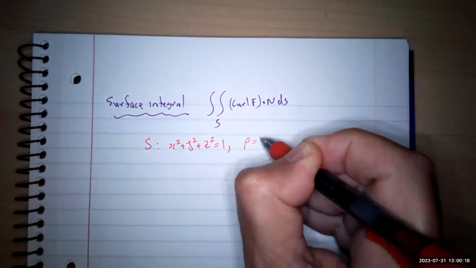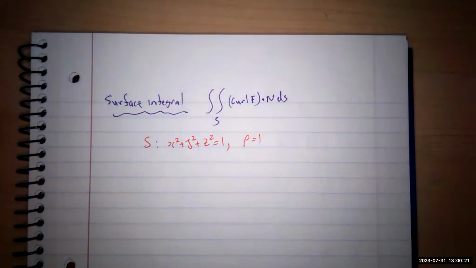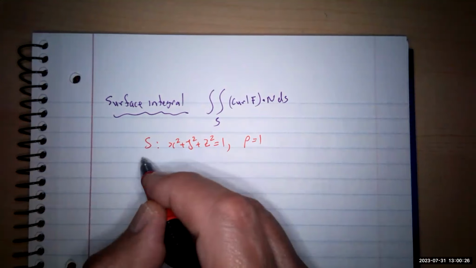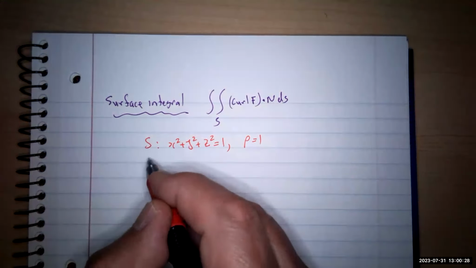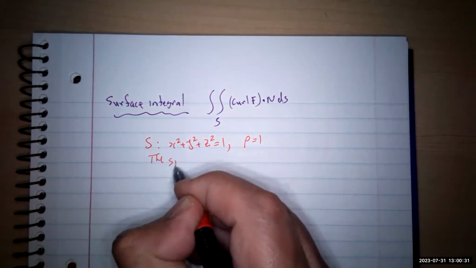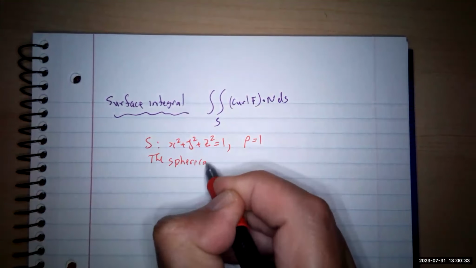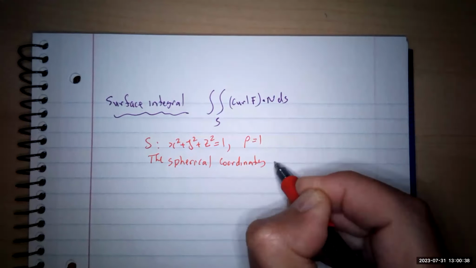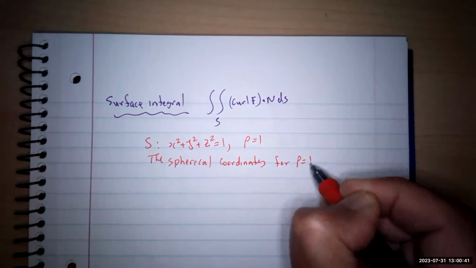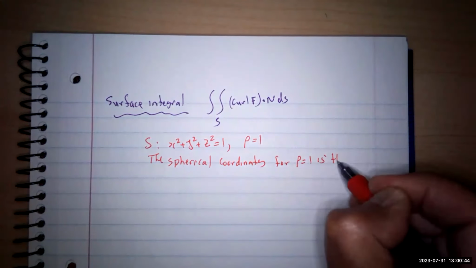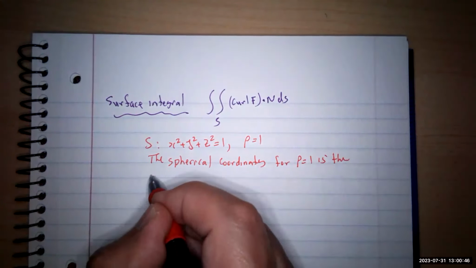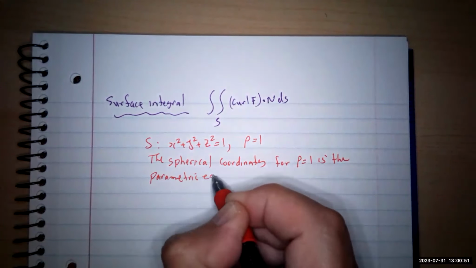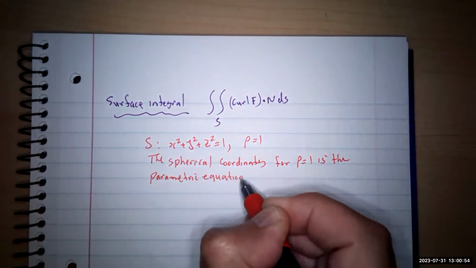So that gives you rho equal to 1. And the parametric equation is going to be in spherical coordinates. So the spherical coordinates for rho equal to 1 give the parameterization, the parametric equation of S.